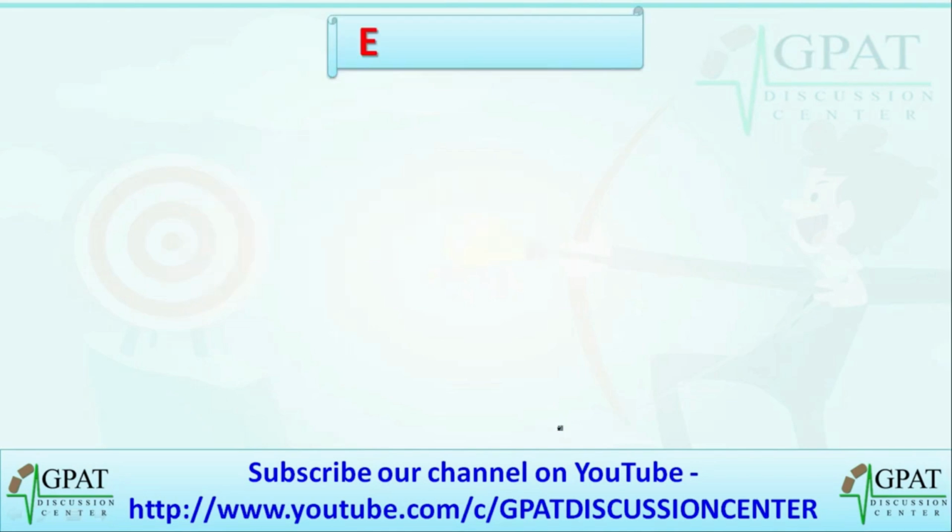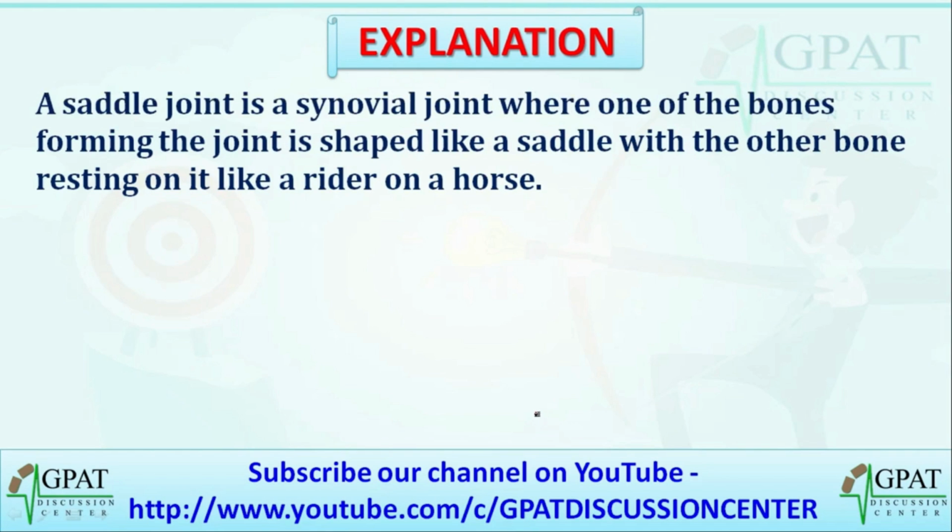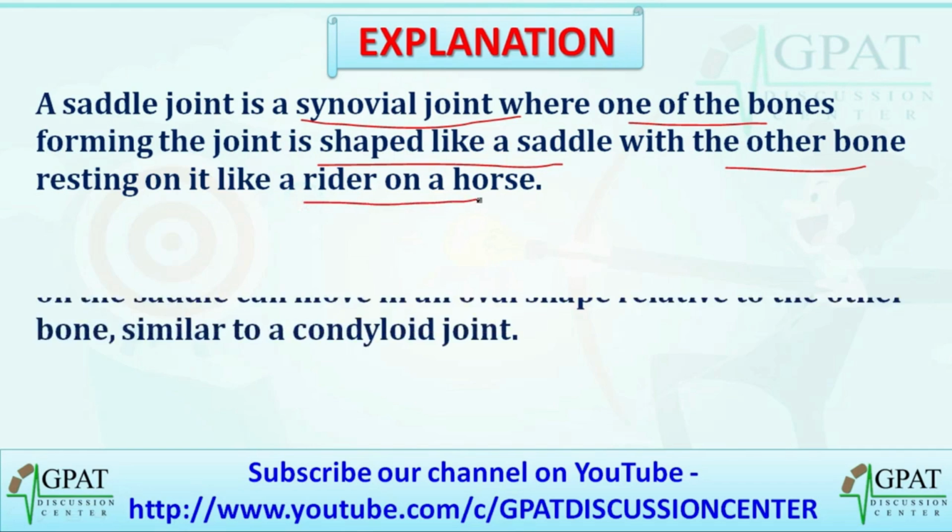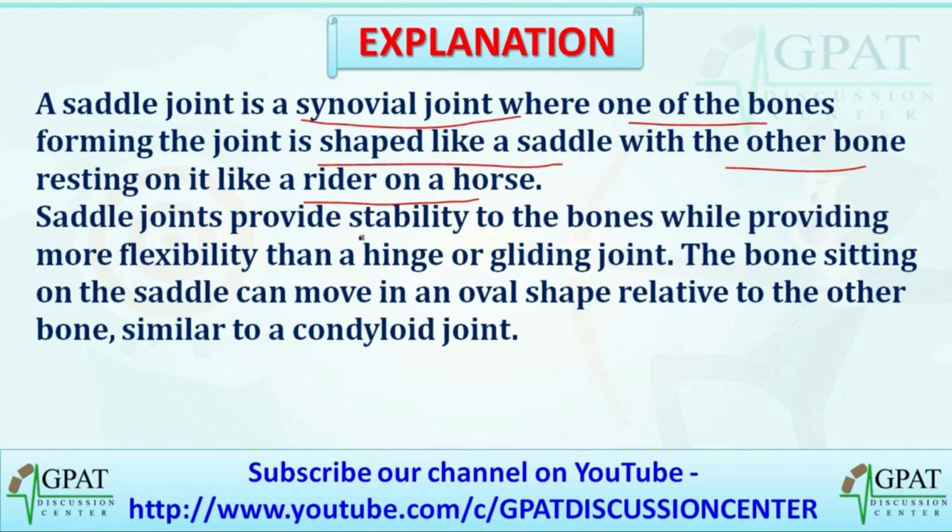So let's discuss in the explanation that a saddle joint is a synovial joint where one of the bones forming the joint is shaped like a saddle with the other bone resting on it like a rider on a horse. Saddle joints provide stability to the bones while providing more flexibility than a hinge or a gliding joint.